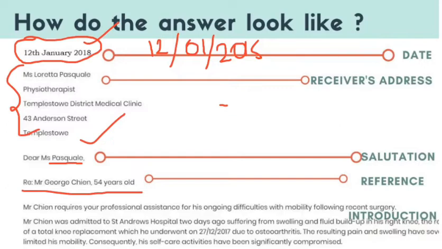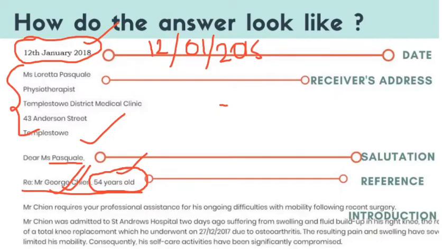We are writing it in reference to Mr. George Chian, and also in an OET letter we tend to write the age of the patient so that the physiotherapist or the healthcare professional can provide the care accordingly. So we write the name and age of the patient. So that is the reference section.